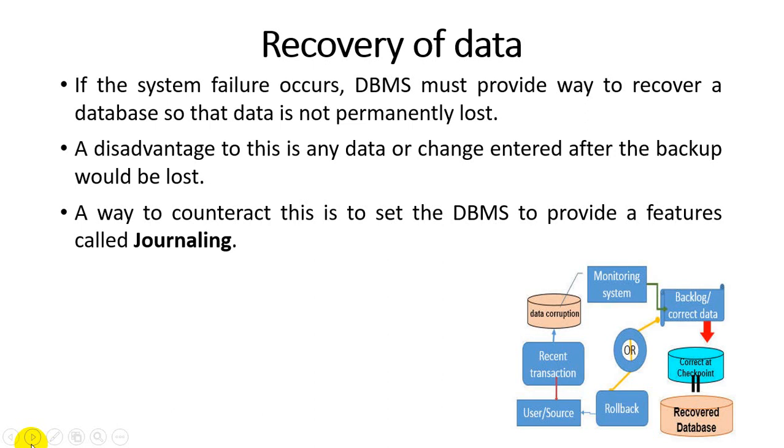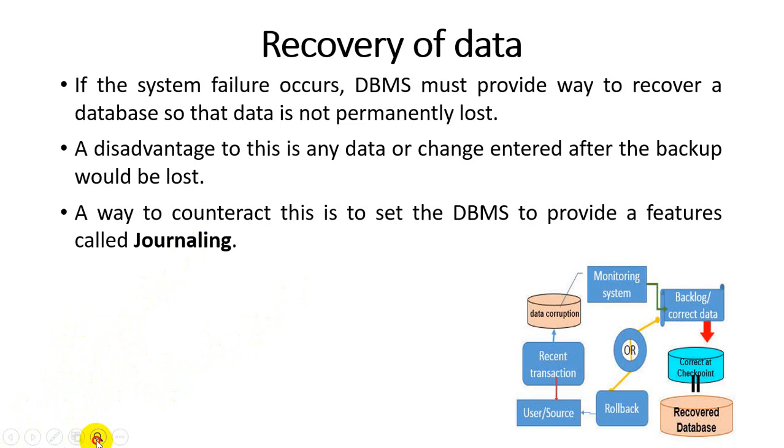A way to counter this is to set the DBMS to provide a feature called journaling. Whenever a DBMS is implemented, you must provide journaling to the users, so the user gets their personal information back with the help of the recovery of data functionality.